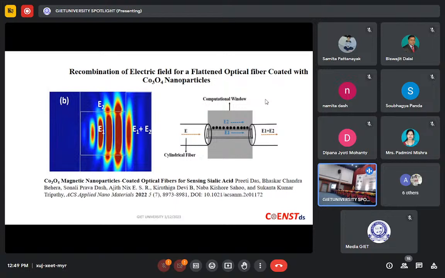When you give a nanometer coating, the light is split into two parts, E1 and E2. And when it comes out, the two parts are again superposed to become a single light. Now the beauty here.